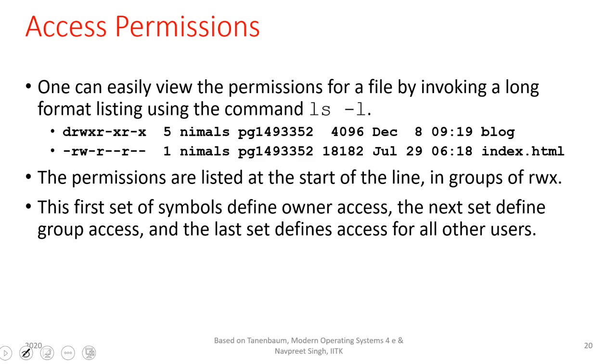So a typical access permission that can be displayed, or you can view using an ls command in a Linux command line, would specify what types of access are allowed. So it would specify whether it is a directory or a file. Then it would break that into 3 groups. One is for the owner, group, and others.